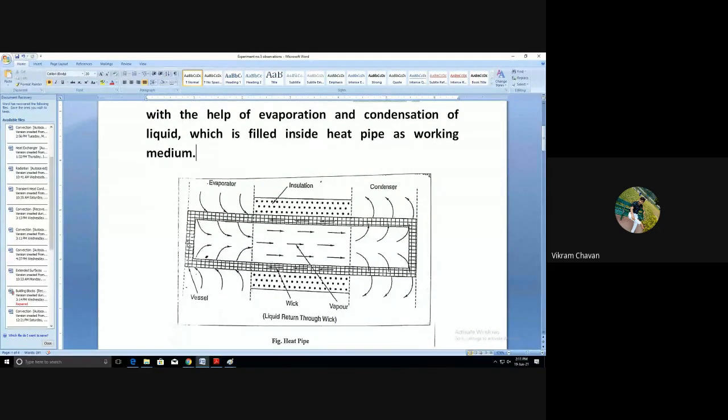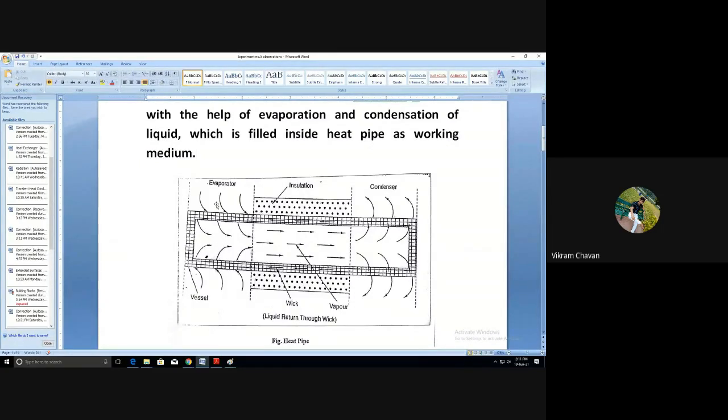Initially, the working fluid, in our experiment distilled water, is present in this evaporative section in liquid form.